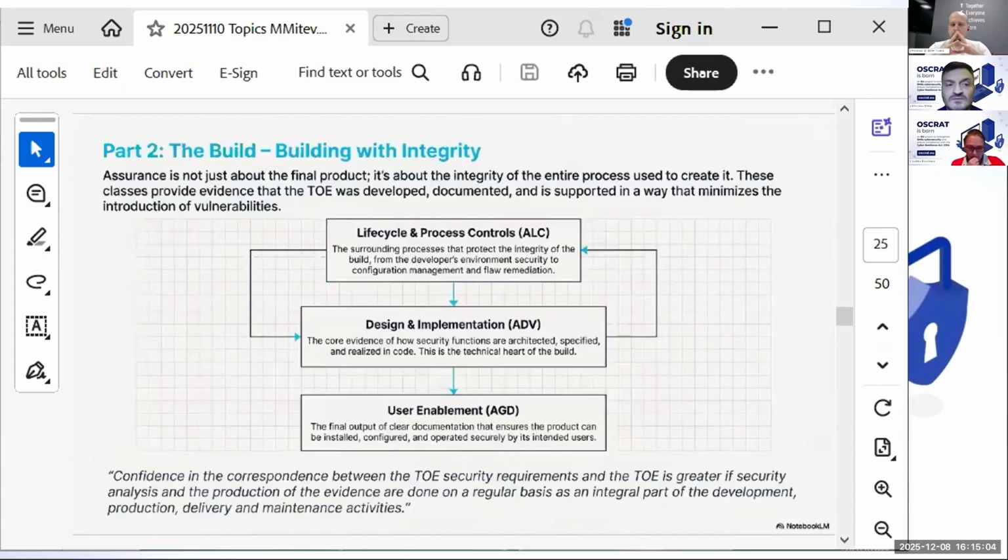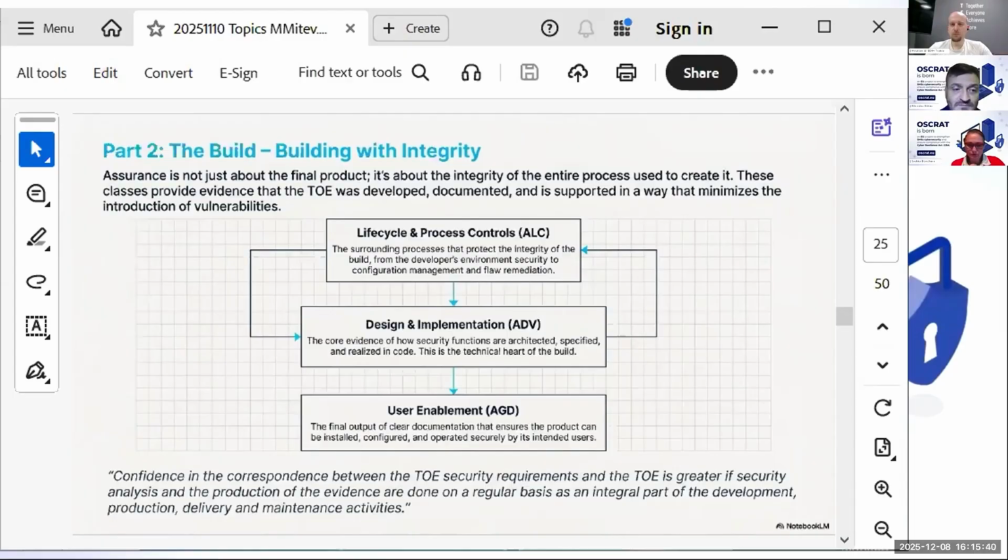This slide focuses on the development and life cycle aspects of assurance. The ALC class looks at configuration management, delivery procedures, and flaw remediation. Developers must control changes and protect design items from unauthorized access. The ADV class describes how security functions are designed and implemented.